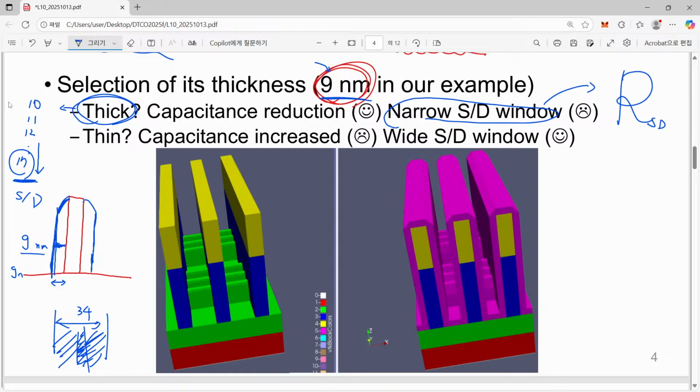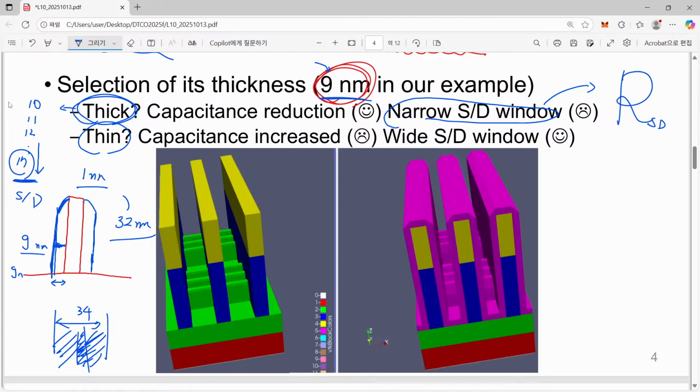That is quite bad. Okay, then let's go the other way around. Instead of this 9 nanometer, why don't we just make it thinner and thinner? And if we go to, for example, 1 nanometer, wow, then we have 32 nanometer reserved for silicon source and drain.